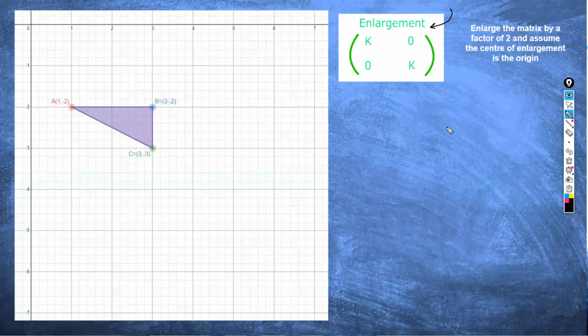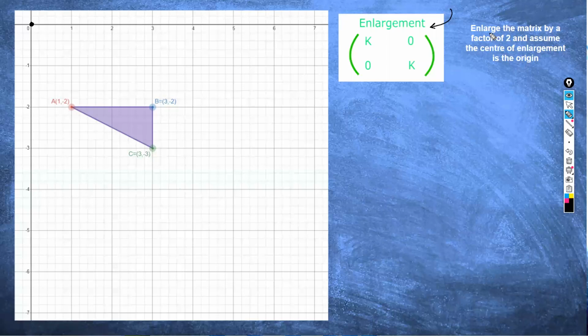Now, one thing to note: you see this formula here, the enlargement matrix, K, 0, 0, K. If you look back at your notes from last week, it only works if the center of enlargement is the origin. So it only works if you pretend that you're standing at the origin shooting the lasers. It doesn't work for any other point.